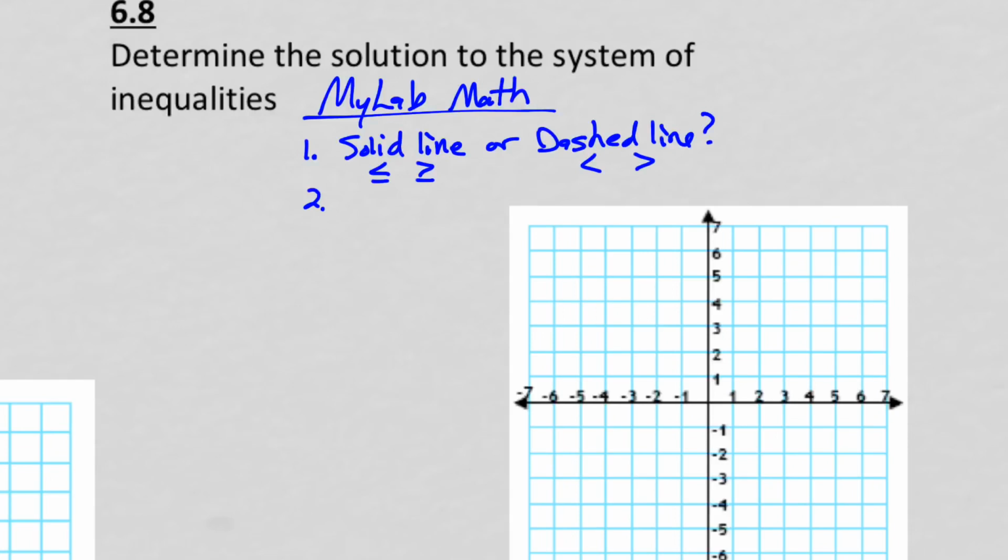Next, you have to shade above or below the line. So you're going to have to use the paint button to shade above or below.